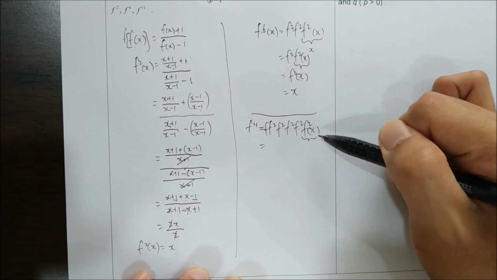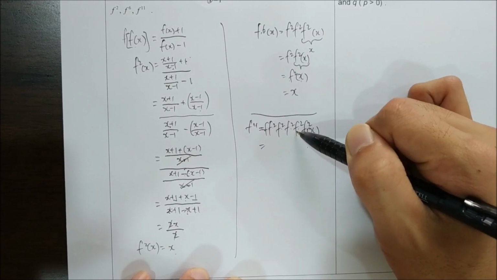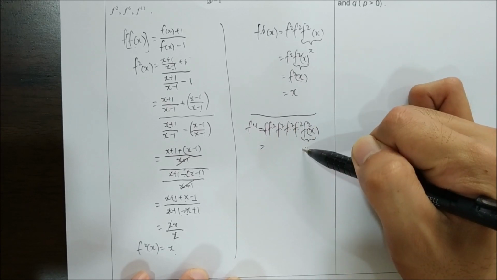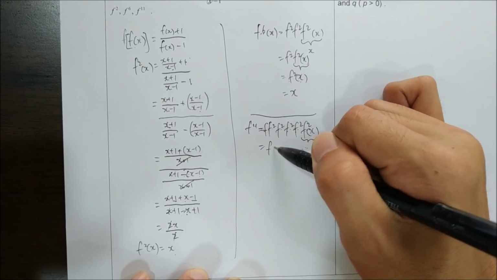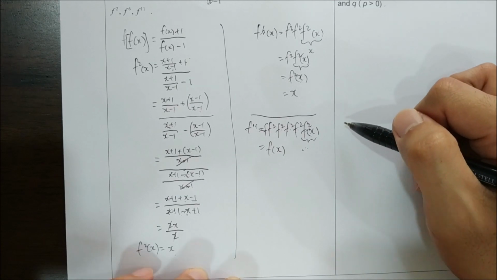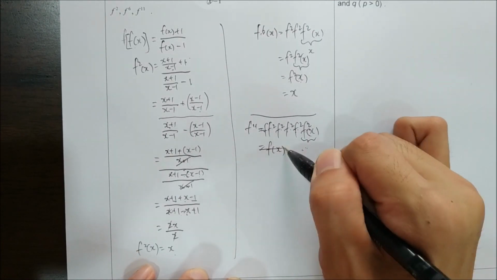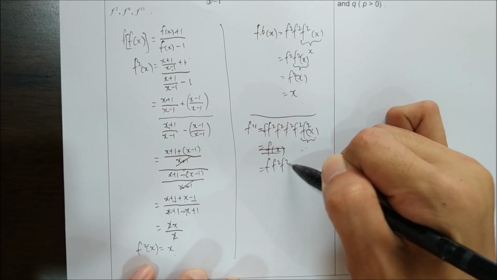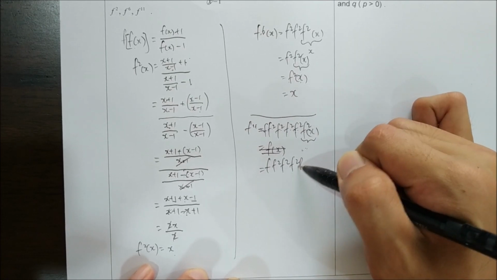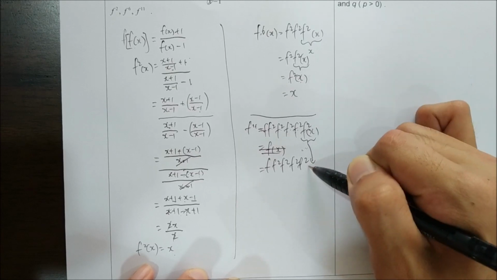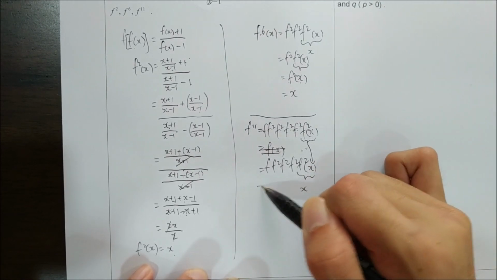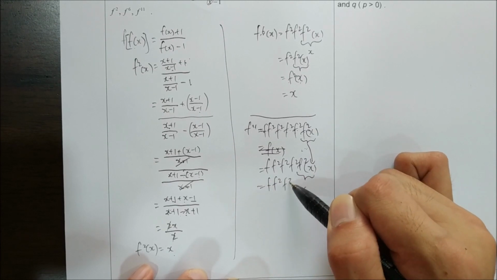So we know that f^2(x) equals to x, f^2(x) equals to x, f^2(x) equals to x. So we do it 5 times. In the end, we have f(x). Okay, I'll try to make it so that you can see it. Also, you have f^2. This becomes x. Now this f^2(x) becomes x again. So we have f^2.